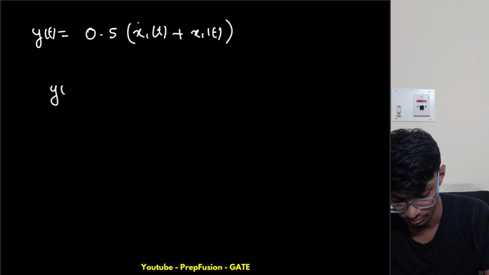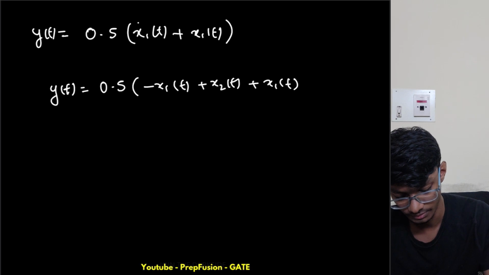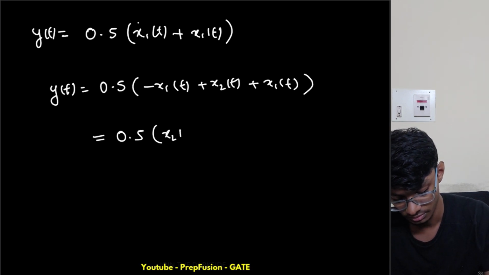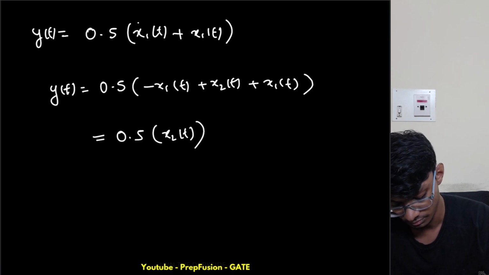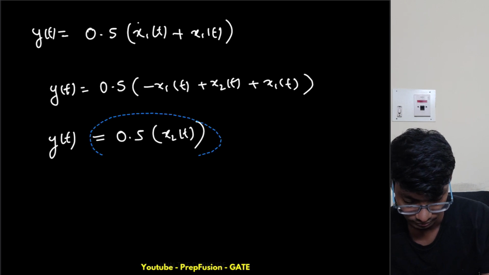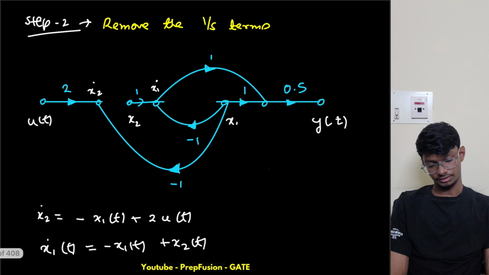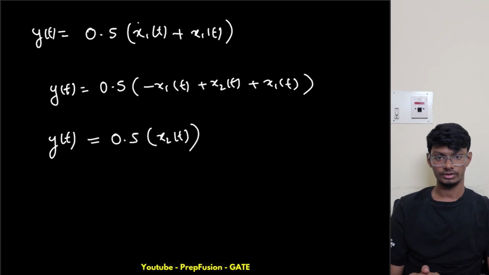So y of t is minus x1 of t plus x2 of t plus x1 of t, and we get 0.5 into x2 of t equals y of t. This is basically what my y of t is.